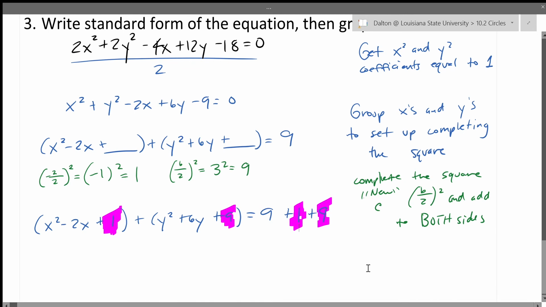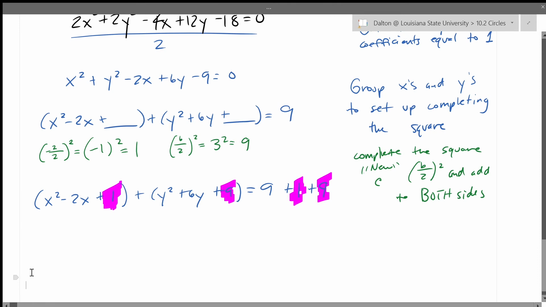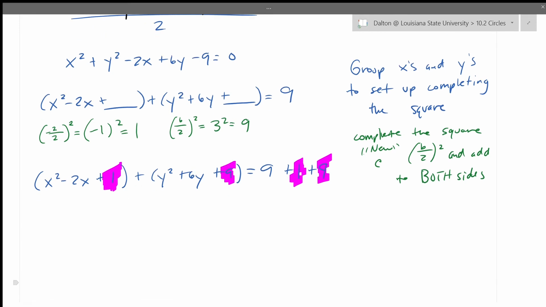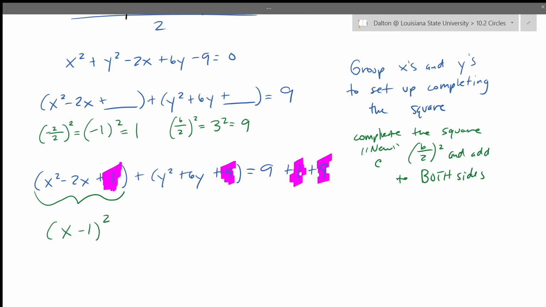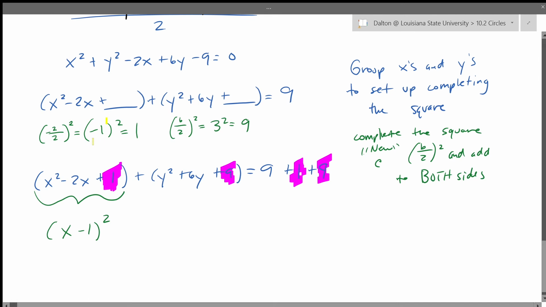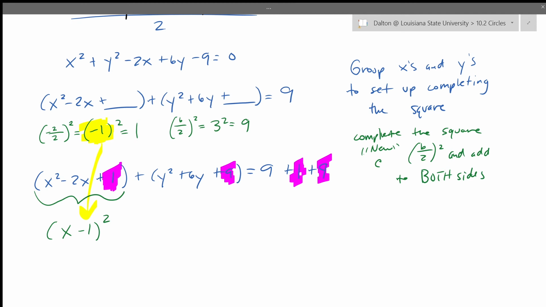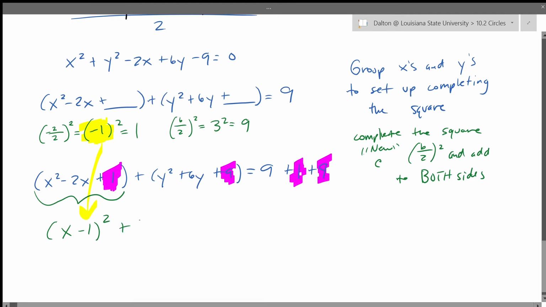Now, in doing so, when we actually finish completing the square, we end up factoring these trinomials. So this trinomial can be rewritten as x minus 1 squared, and there's the benefit of the middle step. That minus 1 is just b divided by 2. You could literally just drop that right in. Same thing with this. y squared plus 6y plus 9.